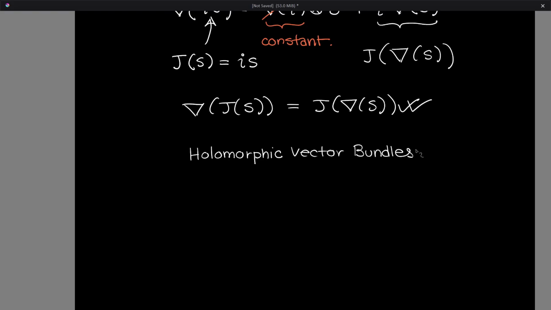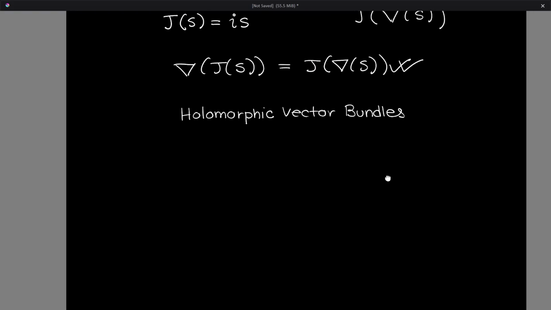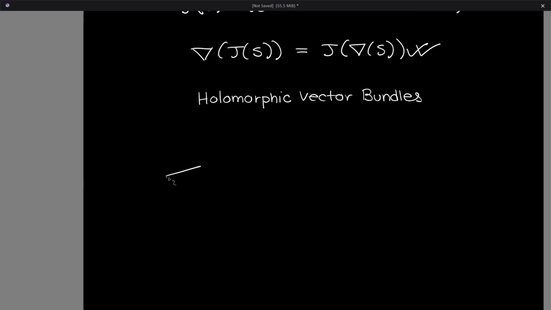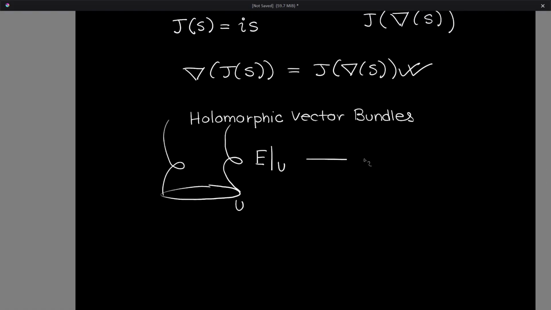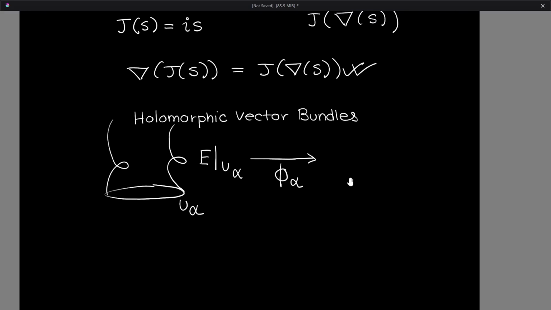So what are holomorphic vector bundles? To quickly recap, when we had these local trivializations, let's say that I have this open set U, and I'm thinking of the fibers that are twisting around and coming out of this U. So this is E restricted to U, and we had this map. If we call this U alpha, then I can call this phi alpha. That mapped us to the local trivialization, or you can call the map the local trivialization, where the fibers were straightened out.